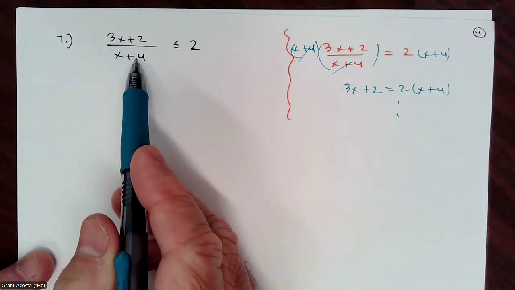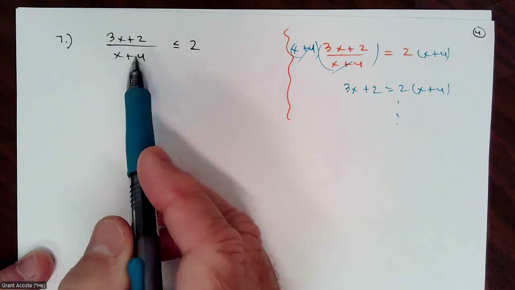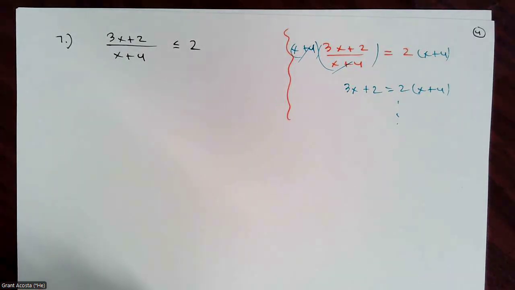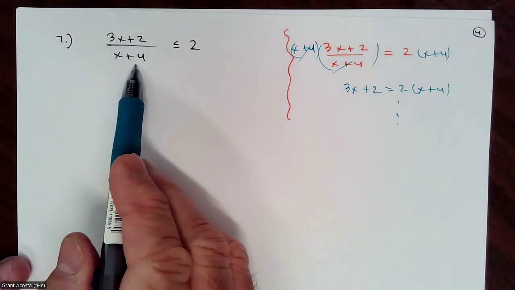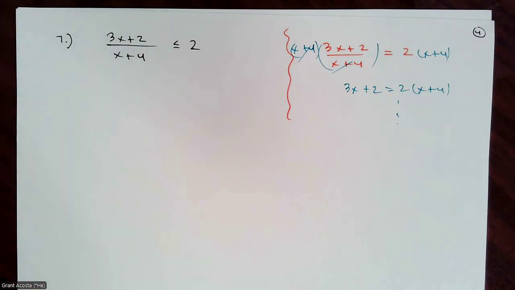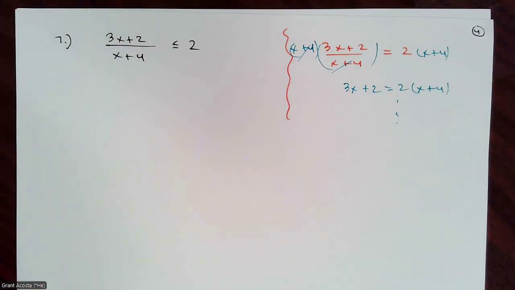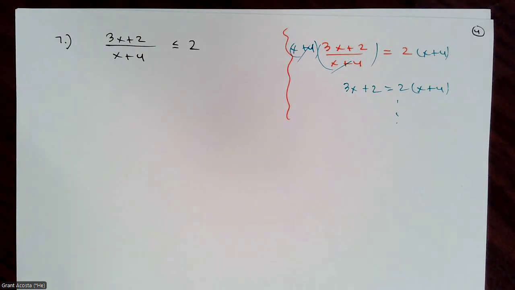You absolutely cannot start this problem by multiplying by x plus 4. And think about why. The reason we can't do that is we do not yet know what x is. And what's the one big thing we have to worry about with inequalities? Multiplying by a negative number, we would have to switch the signs.